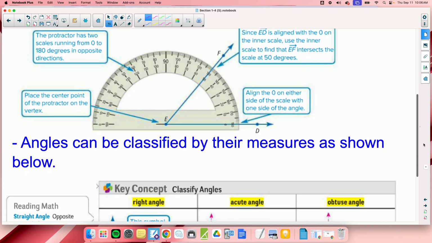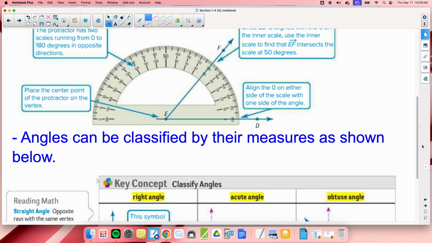So, here's our protractor. One thing that I just want to mention is that all protractors have 2 different scales. One starts here at 0 and goes all the way around to 180. The other one starts here at 0 and goes around to 180.